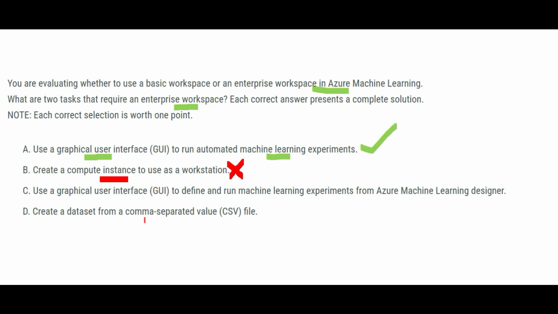Similarly, D looks wrong here because they are saying that when we have to create a data set from a comma separated file, that is a basic functionality that you can do using a basic workspace also. You don't need a rocket where you can work with a needle.